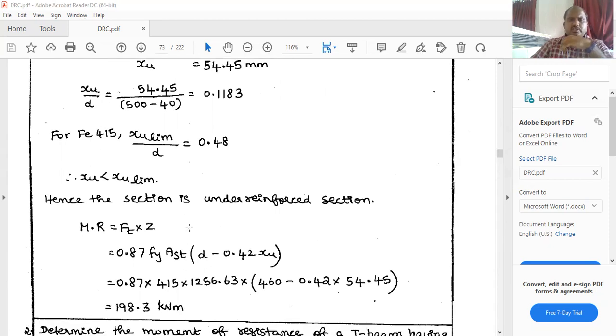Next is the moment of resistance. The formula is MR equal to FT into Z, where FT is 0.87 FY AST times D minus 0.42 XU.